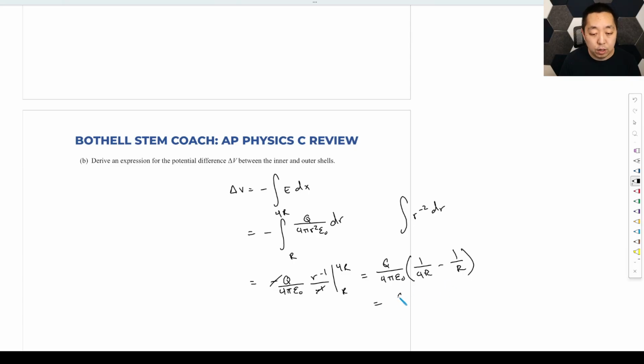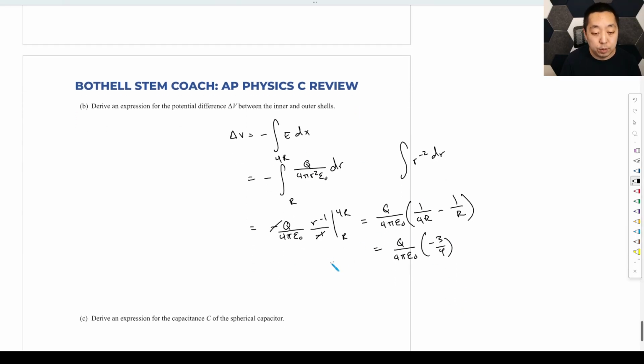You can factor out the r, and this becomes 1/4 minus 1, which is negative 3/4. I don't really care about the negative sign, I just care about the total amount. It's going to be 3/16 q over pi epsilon naught. That is the potential difference here.